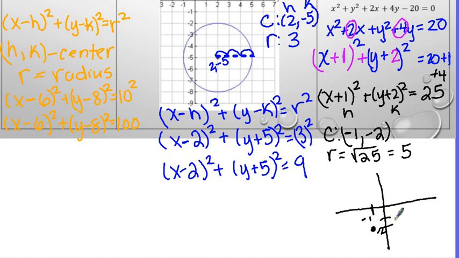So 1, 2, 3, 4, 5. That's right here. And then 1, 2, 3, 4, 5. That's up here. Then over here, 1, 2, 3, 4, 5. And then I'm going to go back here and count down 5. 1, 2, 3, 4, 5.